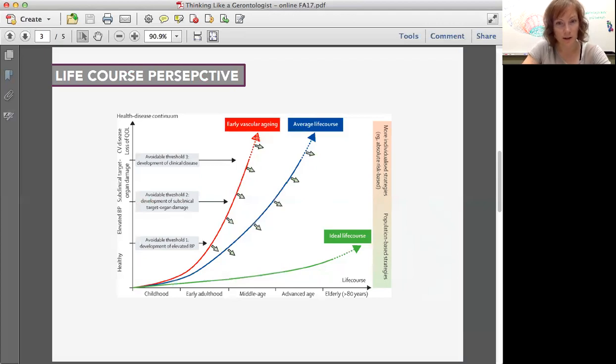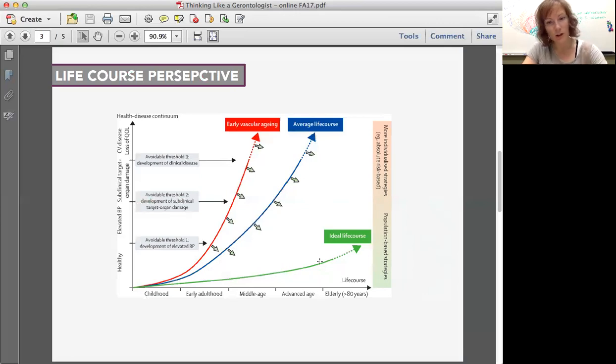That's very different than the person who had the average life course experience and was exposed to some of the same things, but maybe had a little bit healthier lifestyle, and they may not develop cardiovascular disease ever, but if they do it would definitely be at an advanced age.